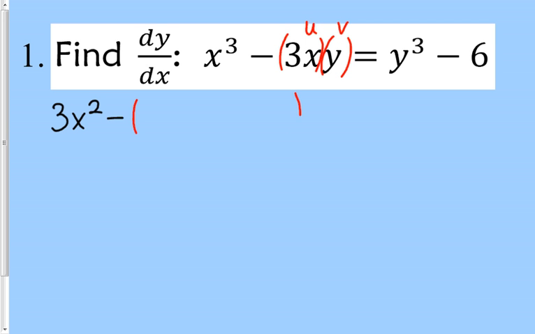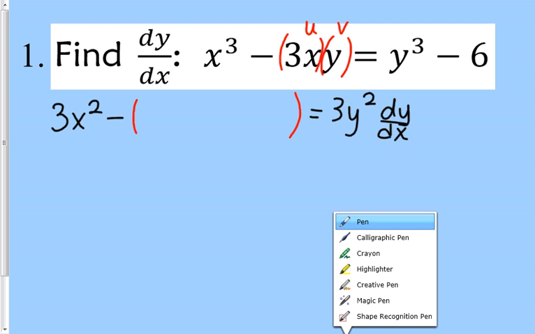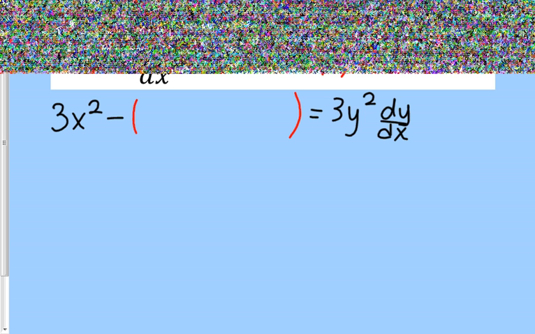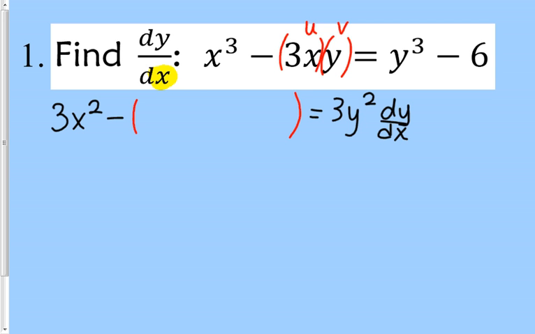And then equals 3y squared, but because I derived the function of y, I have to do the dy dx because I'm deriving with respect to x and not y. This dude right here, right? Okay. And then the derivative of negative 6 is just 0.